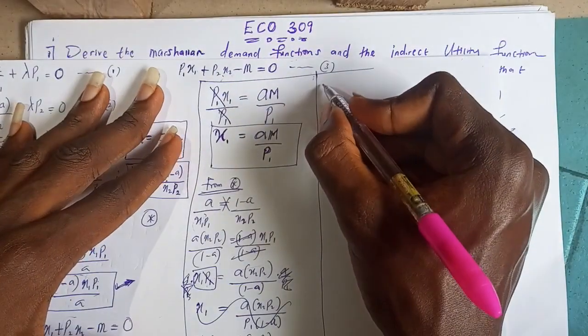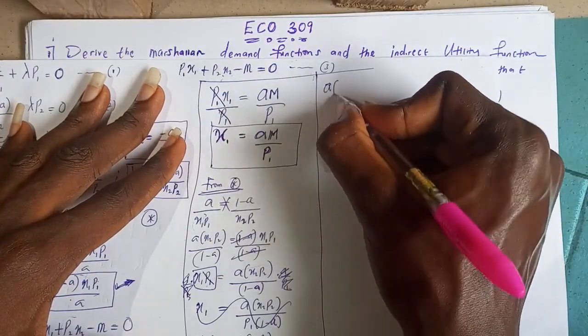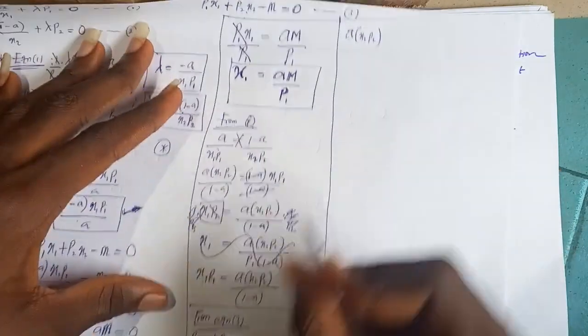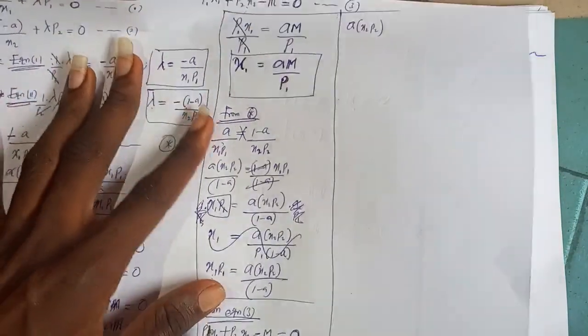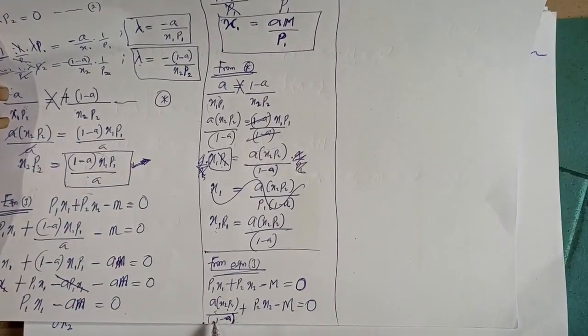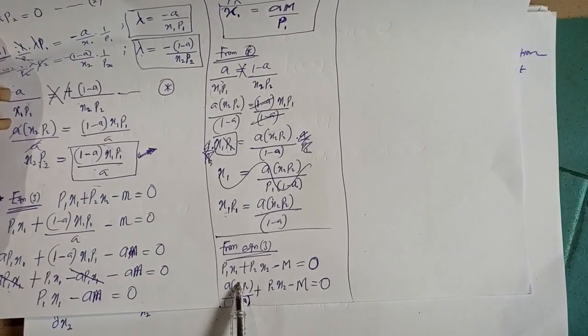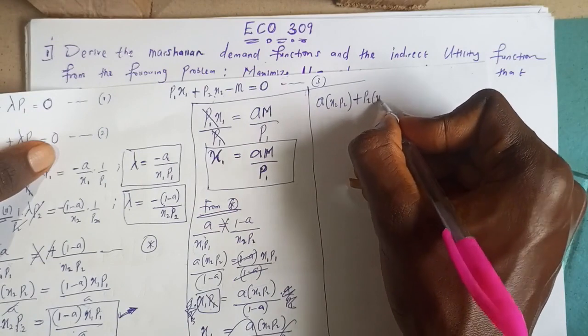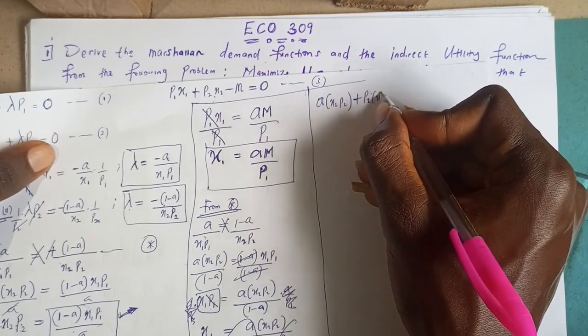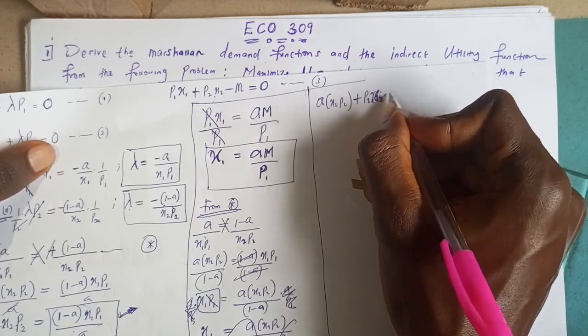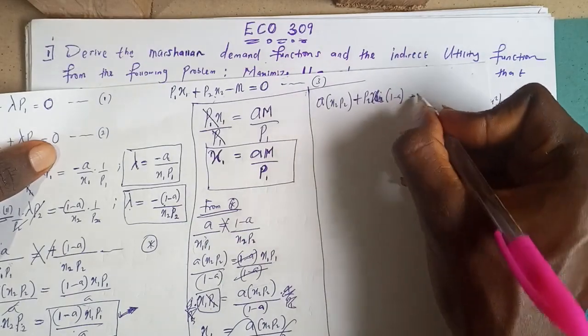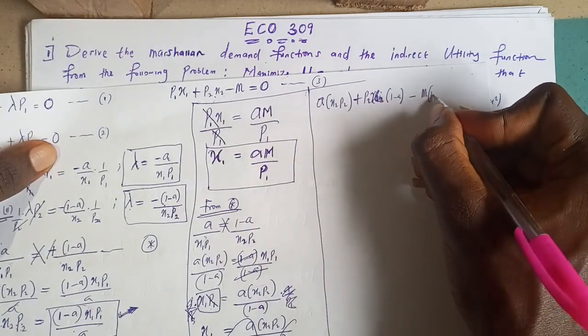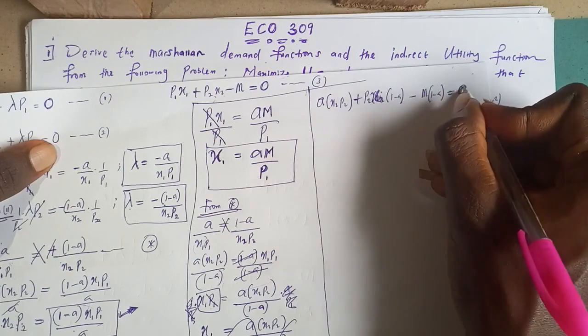When you multiply through by 1 minus a, you end up having just a of x2 p2. When you multiply this term we have here by 1 minus a, this will cancel. I have this left. This one by 1 minus a, you have p2 x2 plus p2 x2 times 1 minus a, then minus m of 1 minus a is equal to 0.